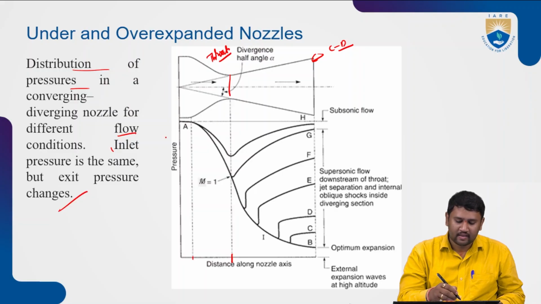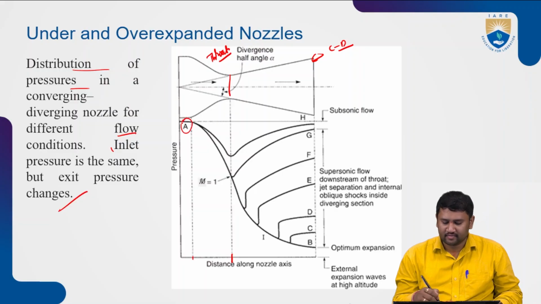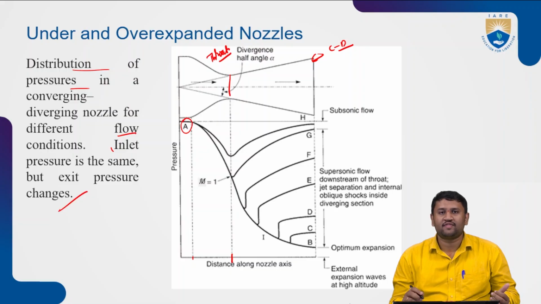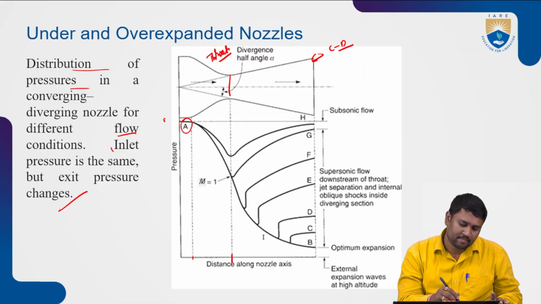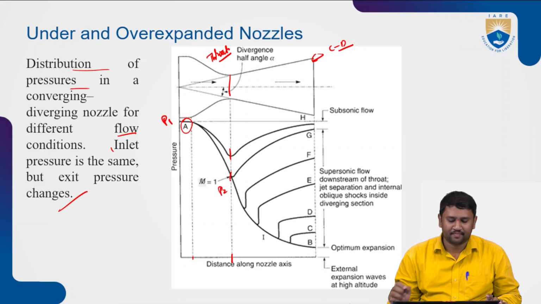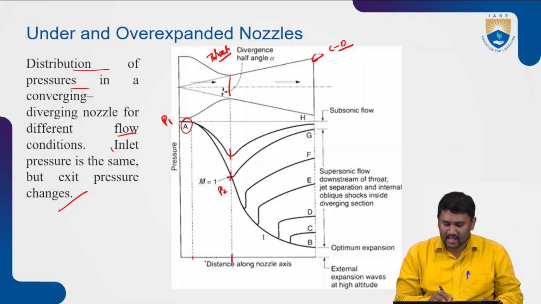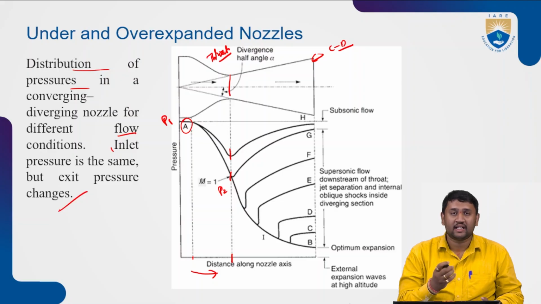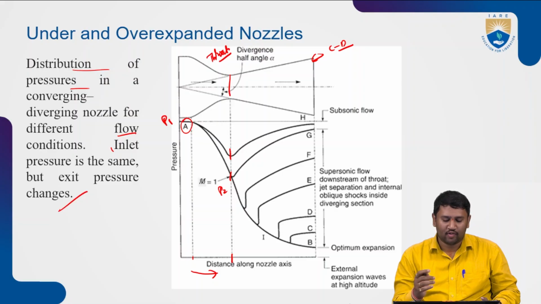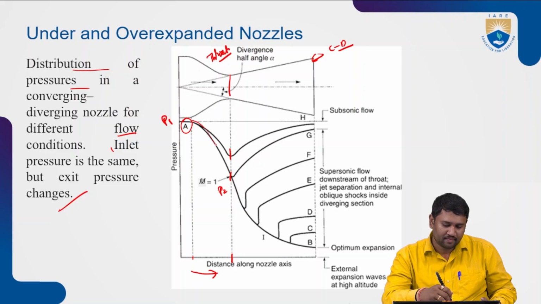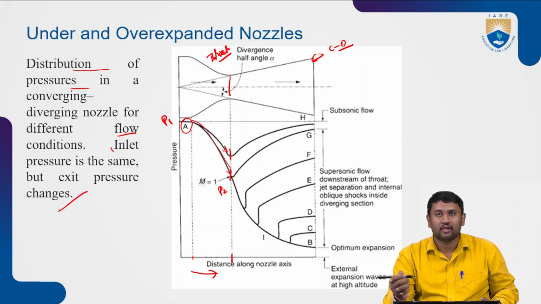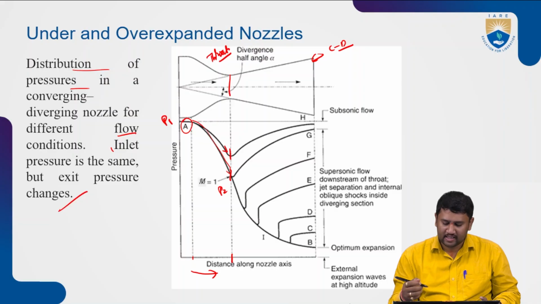Let's consider the curve A. A is my starting point from which the combustion pressure, P1, starts, and P2 is my throat pressure. As the gases move from point A, that is from the combustion chamber inlet, to my throat, what happens? The pressure drops.